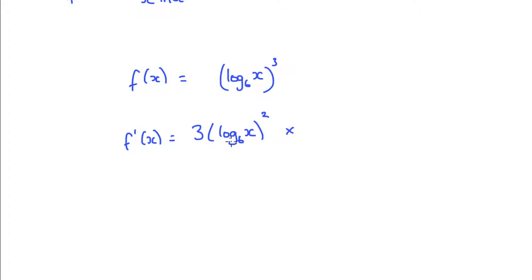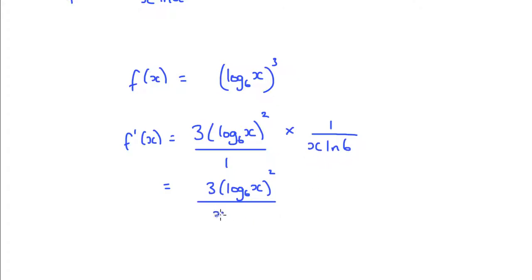We're going to times by the differentiation of this, which we just said was 1 over x ln 6. Okay, and then as I did before, pretend this is a fraction over 1, multiply the top and multiply the bottom. So we'd end up with 3 log to the base 6 of x squared over x ln 6. Okay.